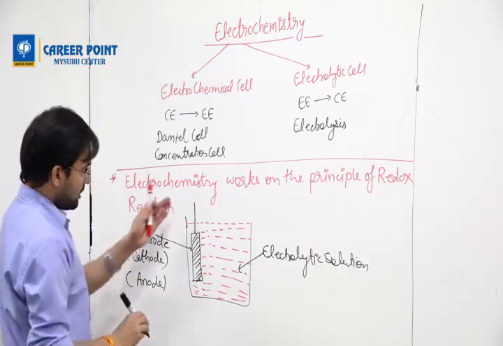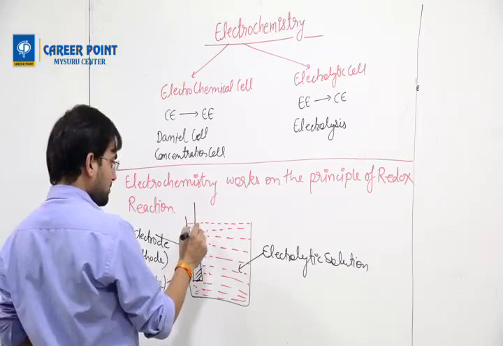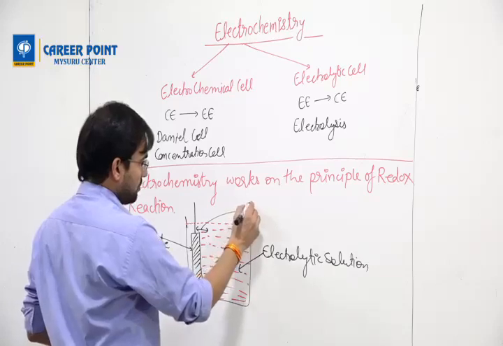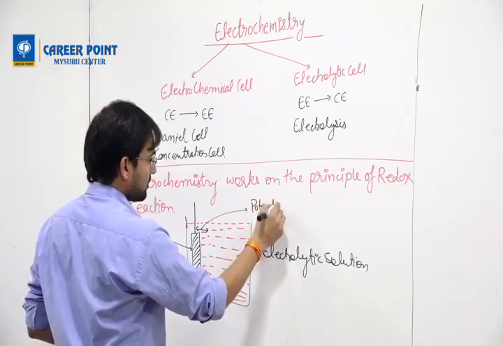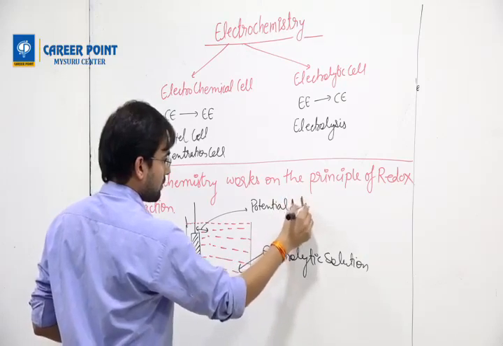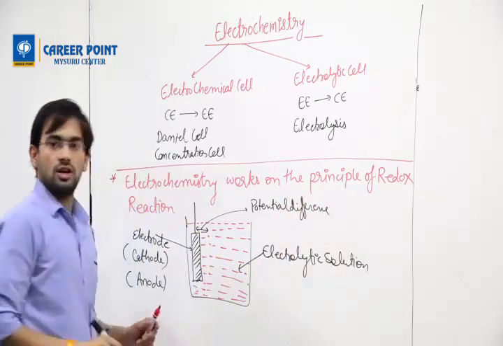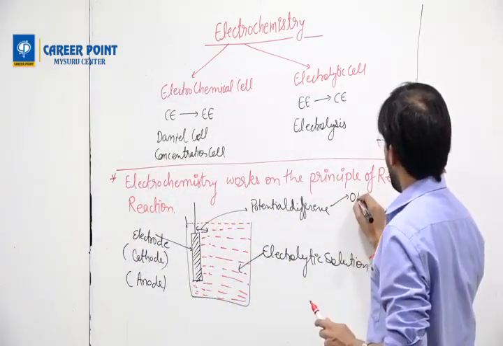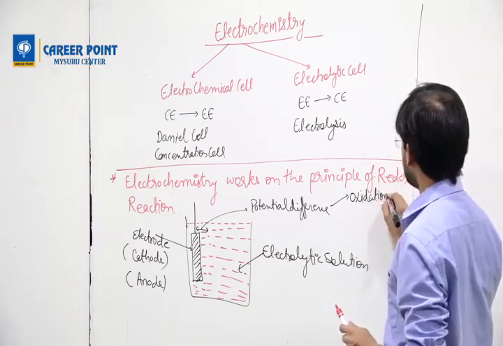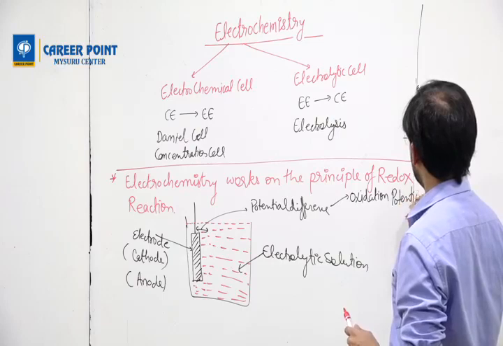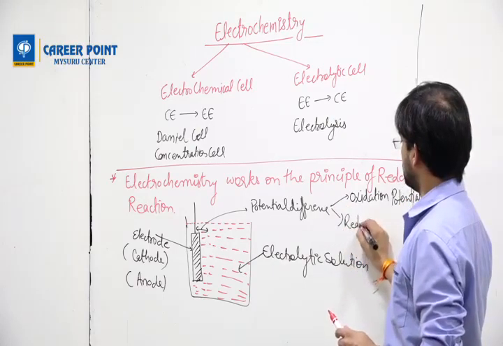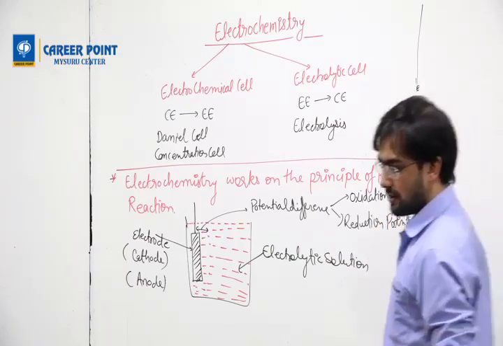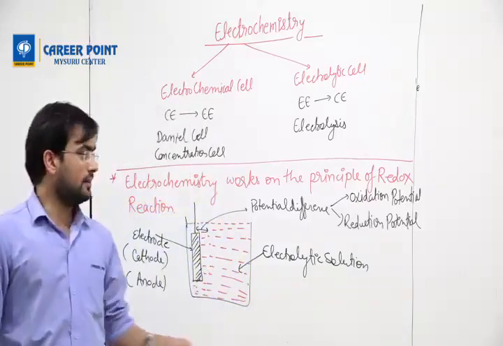Then what happens is, when you measure a potential difference, it means the potential difference between this plate and the adjacent solution, this much, is known as potential difference. This potential difference is also of two types: oxidation potential or reduction potential. Up to here, any doubt? Anyone?